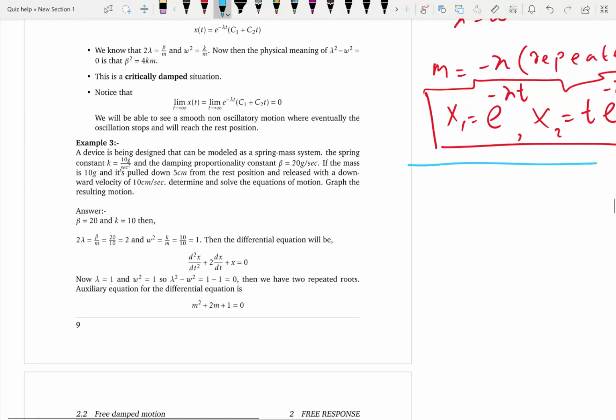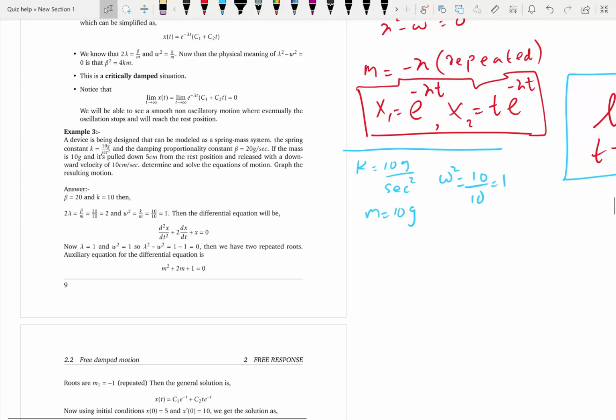Okay, so here, first we have k is 10 grams over second squared and the mass is actually 10 grams. So w squared is k over m, 10 over 10, it's 1, right? Okay, good, nice numbers. Then we have to find the 2 lambda. The proportionality constant beta is 20, so 20 divided by mass 10 is 2, so beta divided by m is 2, so 2 lambda is 2.